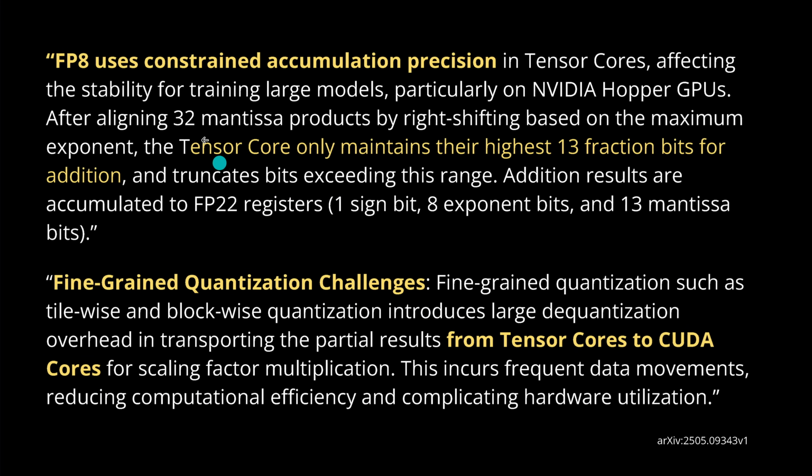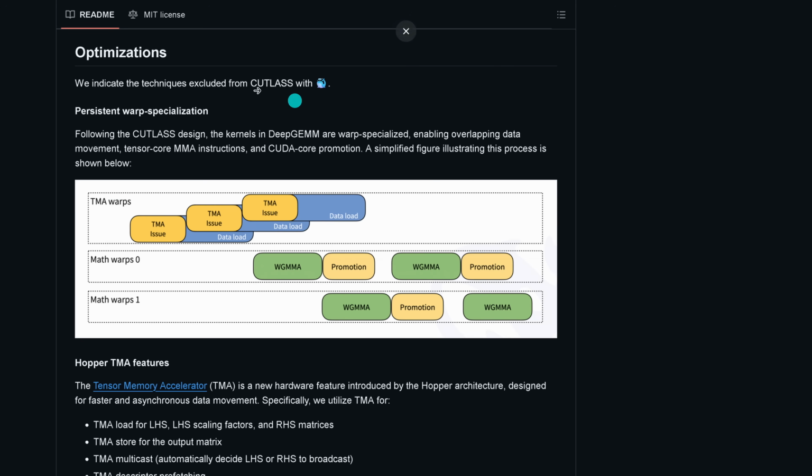I put this in quotation marks because I do not really understand when they talk about a tensor core which only maintains the highest 14 fraction bits for a particular mathematical operation, and then the large dequantization overhead in transporting partial results from the tensor core to the CUDA cores for the scaling factor multiplication. I have no idea what they are talking about in this particular software package.